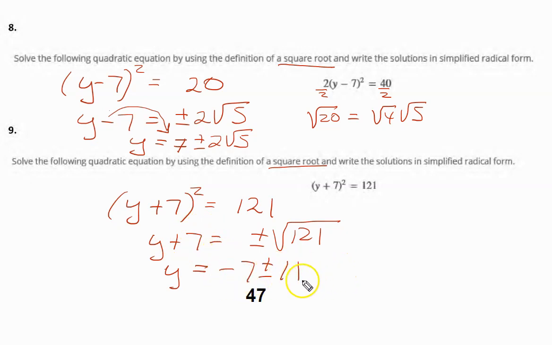But I don't have the answers yet. A negative 7 and a negative 11 is y equals a negative 18. And then a negative 7 and a positive 11, y equals 4. Now, when you get answers like this, it also indicates that this could have initially been factored.